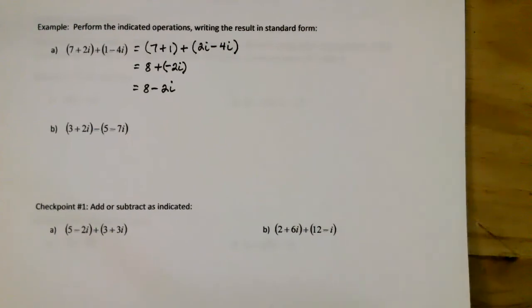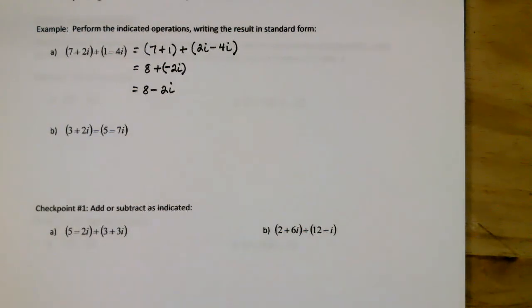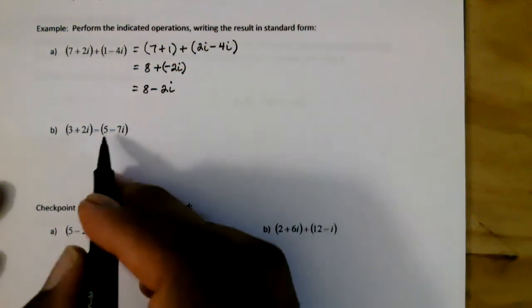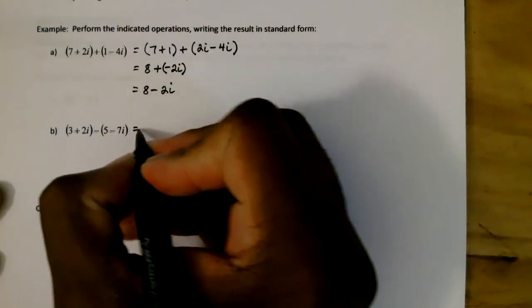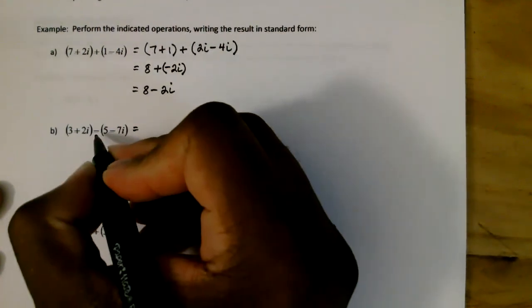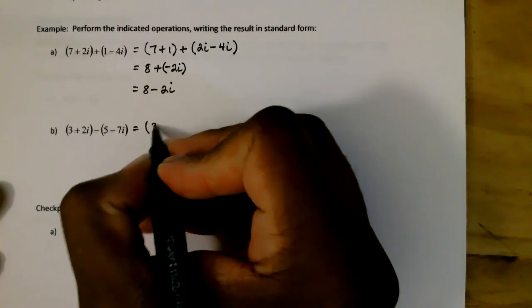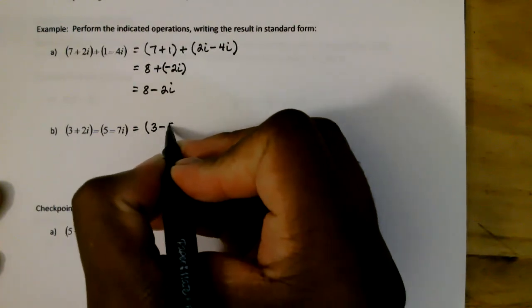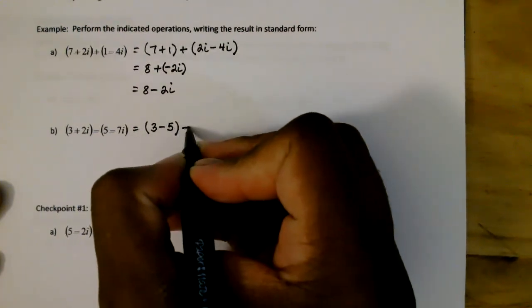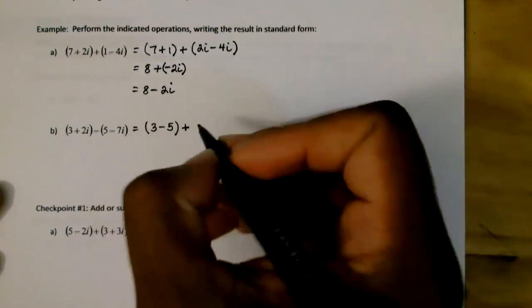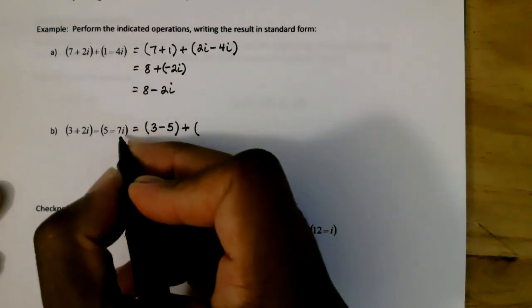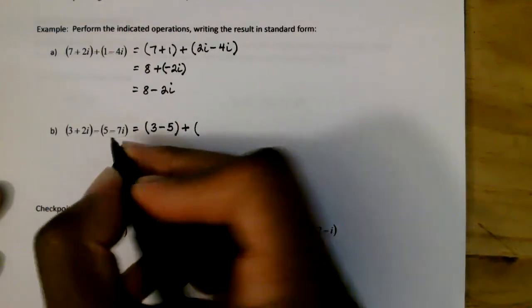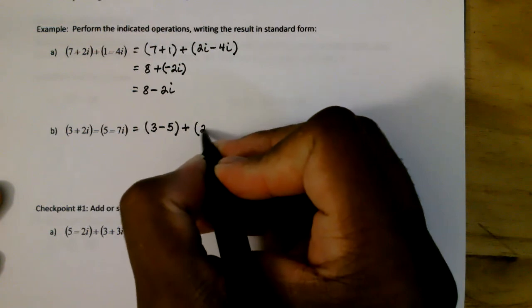Now part B, we have 3 plus 2i minus 5 minus 7i, or I should say minus the quantity 5 minus 7i. They're in parentheses, so this is a subtraction. That means I'm going to subtract the real part, which is 3 minus 5, and then plus, by the way, subtract the imaginary part, 2i minus a negative 7i.